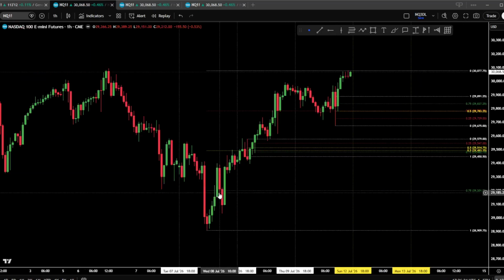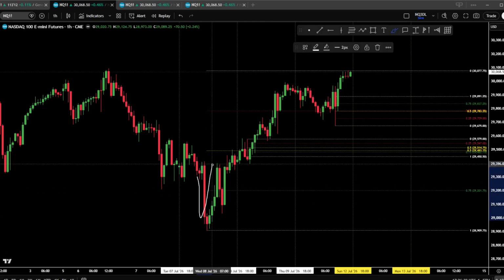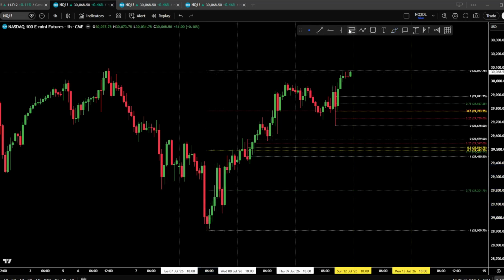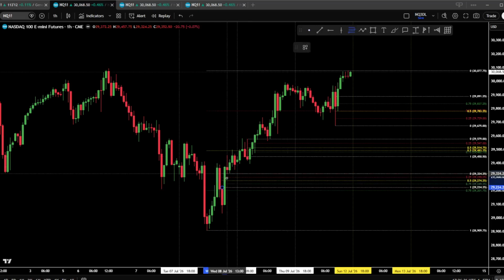And in discount, you can see that there's a range of a bullish order block with the range of a bullish fair value gap. There's also, well, this is a balanced price range essentially here, okay? So I'll be using personally the fair value gap here.